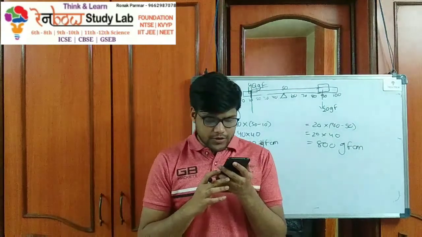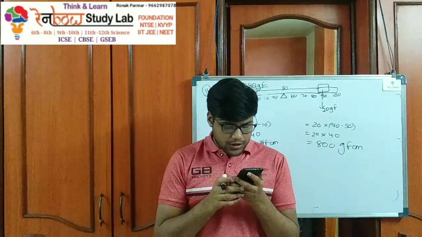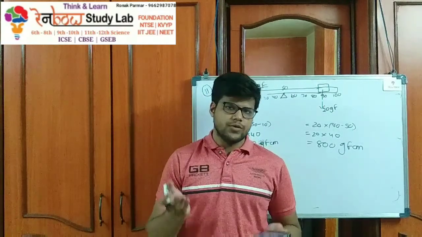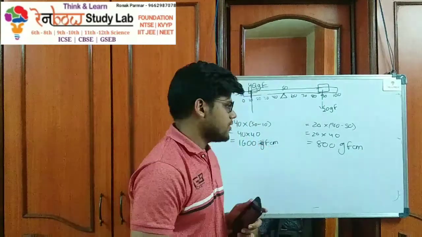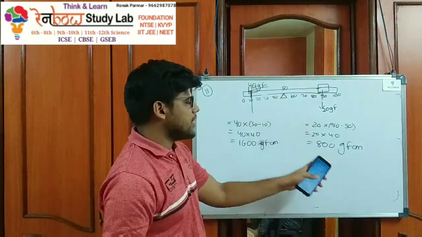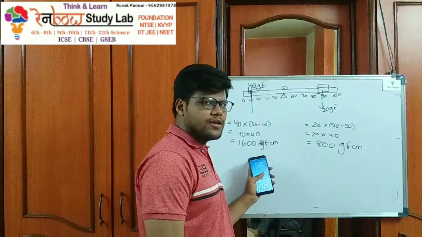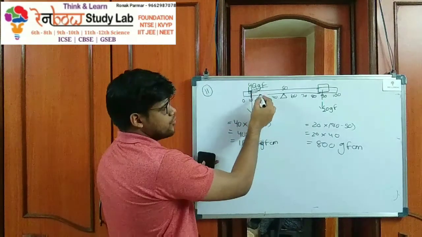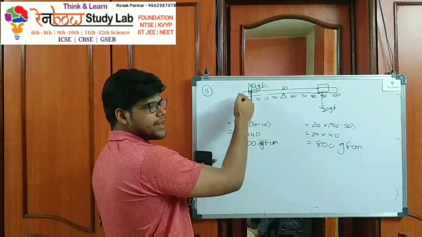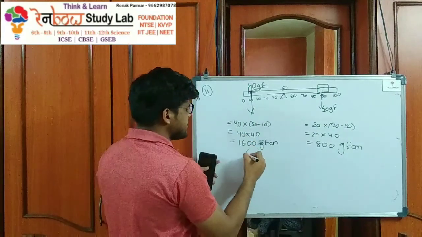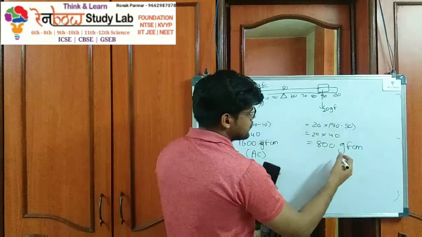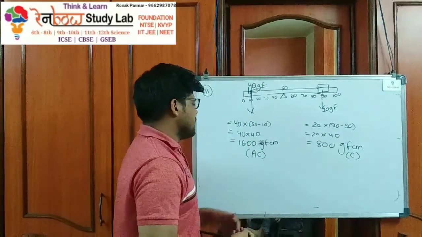So the first answer will be no. If not, how will the rule turn? Now you need to understand in which direction it will turn, clockwise or anti-clockwise. See, 1600 is more, 800 is less. So obviously it will move in this direction. 1600 moment was calculated due to this load. This load is on the left hand side and downwards, means anti-clockwise. 800 is on the right hand side and downwards, means clockwise.